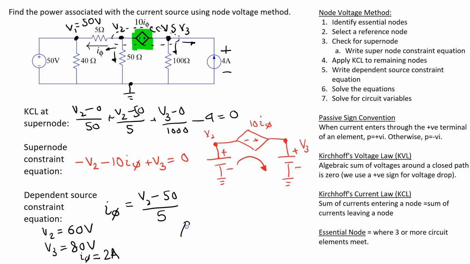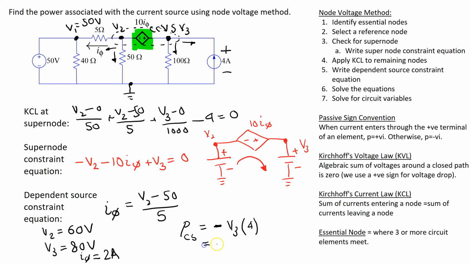Now the power associated with the current source is the product of the voltage, which is V3, and the current, which is 4 amps. We need to use passive sign convention to decide the sign of the power calculation. In this case, the current is entering the terminal marked minus, so we associate a minus sign with the power calculation.